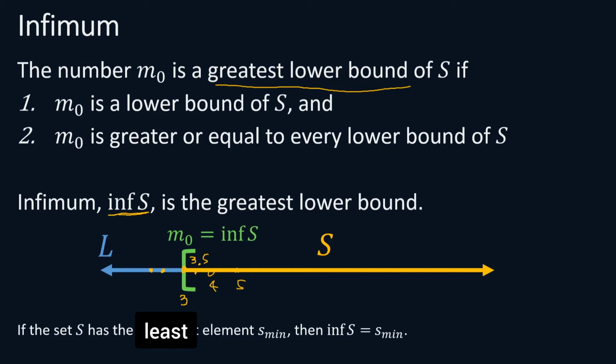Of course, we have here the lower bounds, 2, 1, 0, -1 as the lower bounds. 3 is in fact also a lower bound. So among these lower bounds, 3 is the greatest of them all. For this example, 3 is the greatest lower bound. It's the least element of the set S, and it is the infimum.